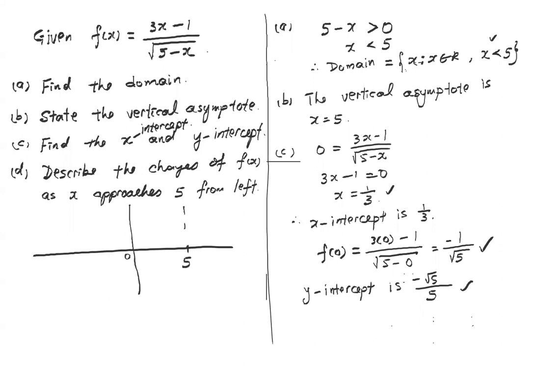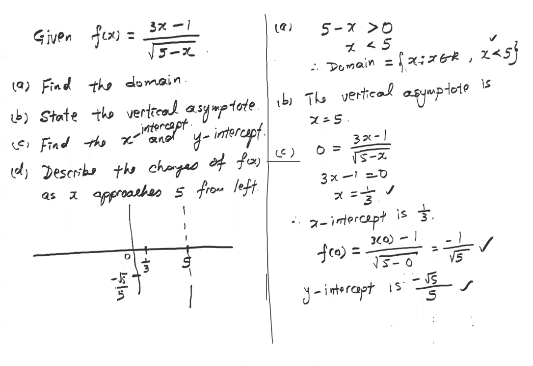This is the vertical asymptote. You cannot pass through 5. Am I right? So the graph will be around here. The x-intercept is 1/3, so it will pass through this point. And the y-intercept is here, negative square root of 5 over 5.